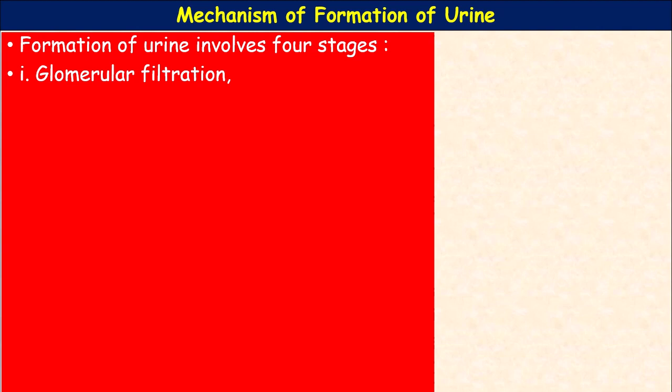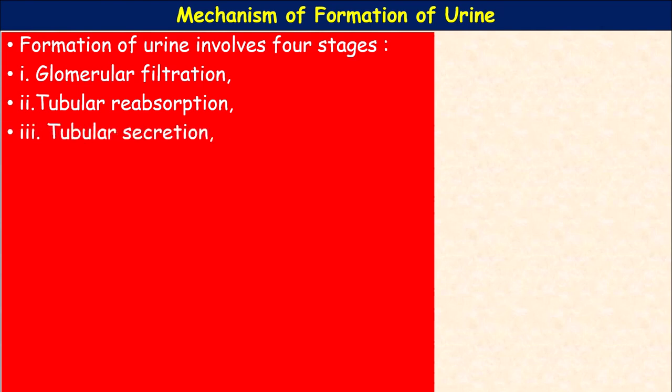The formation of urine involves four stages. Number 1, glomerular filtration. Number 2, tubular reabsorption. Number 3, tubular secretion. The last one is concentration of urine. Additionally, I am adding here concentration of urine.